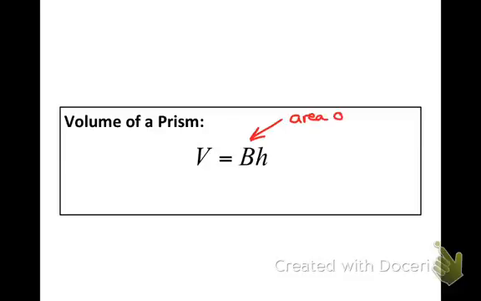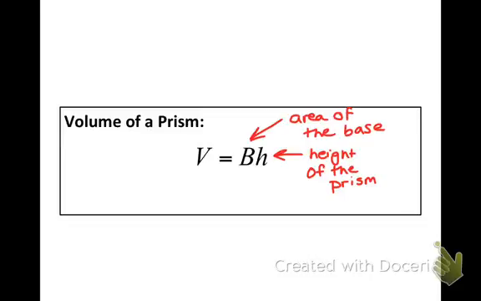Area of the base. H stands for the height of the prism. Okay, so we're going to add that to our list: surface area and then volume.